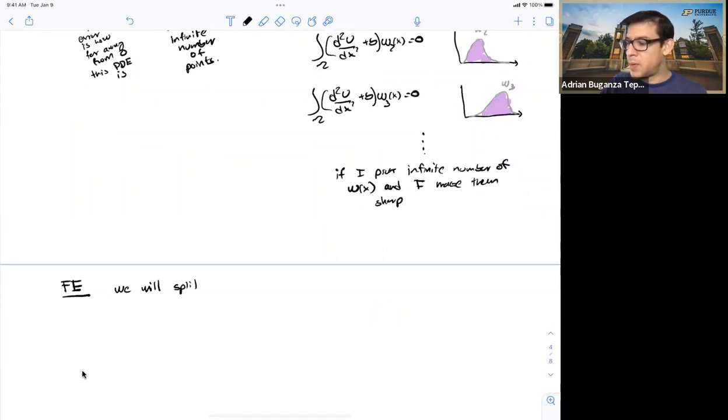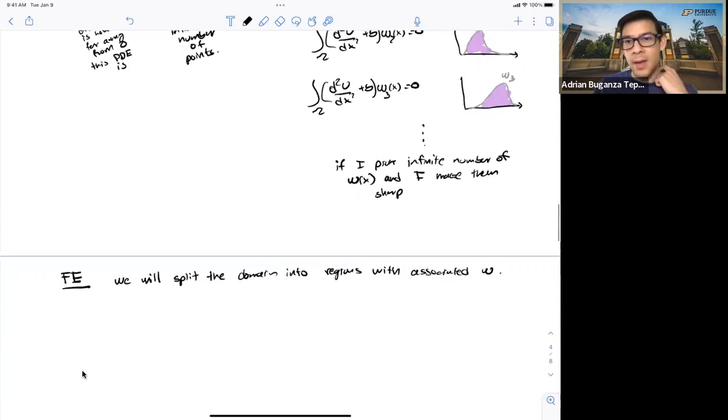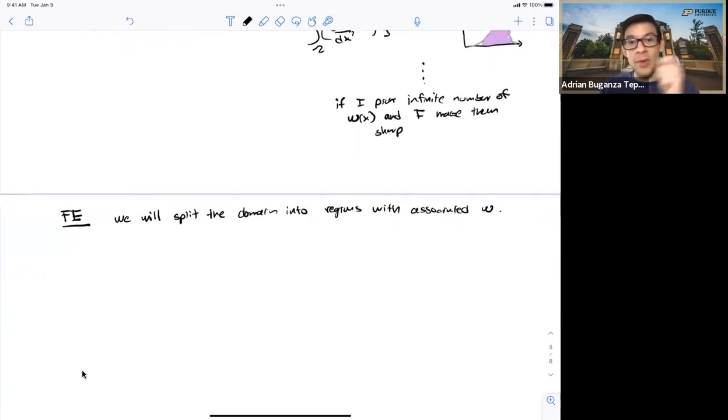We will split the domain into regions with associated W. And so every W will give us one equation, basically.